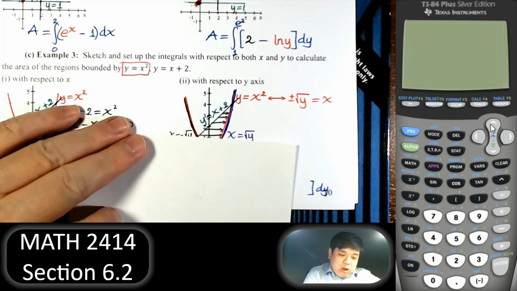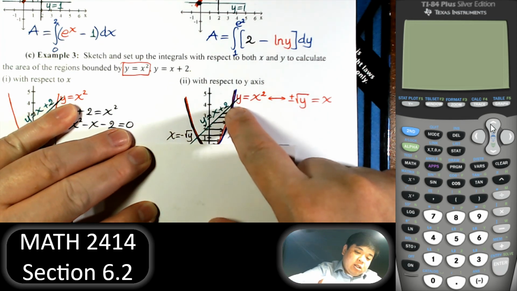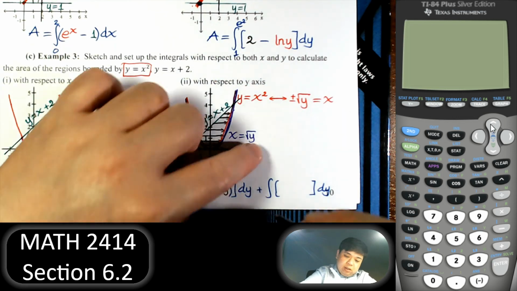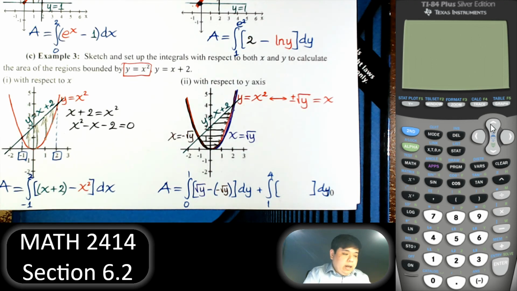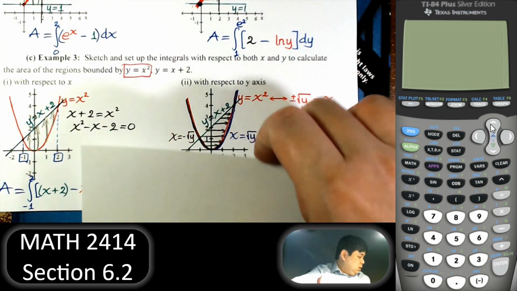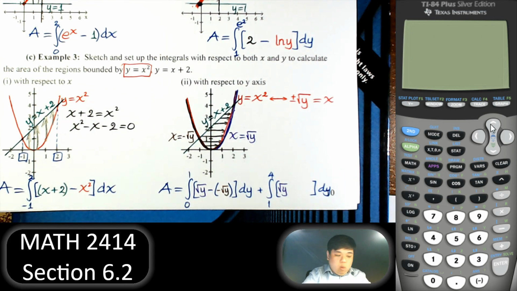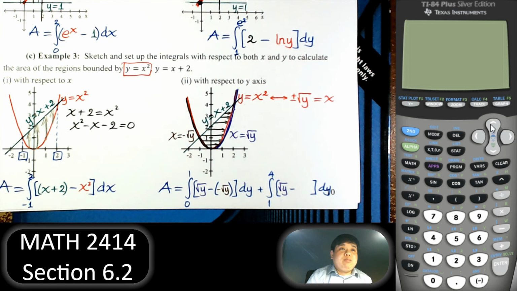And then from 1 to 4, this is 1, and that is the point 2 and 4. So we go from 1 to 4. And from 1 to 4, the function on the right is square root of y. And the one on the left is the line x plus 2. But we cannot put x plus 2 in there.